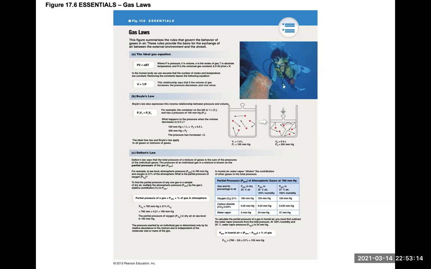This occurs because the pressure of the gas is created by the collisions of the gas molecules inside of the container with other gas molecules. As you can see here, the more space you have, the fewer collisions you have. The less space you have, the more collisions you have. That's why they're inversely proportional. Collisions are more frequent when the volume is smaller and smaller, which means pressure increases.